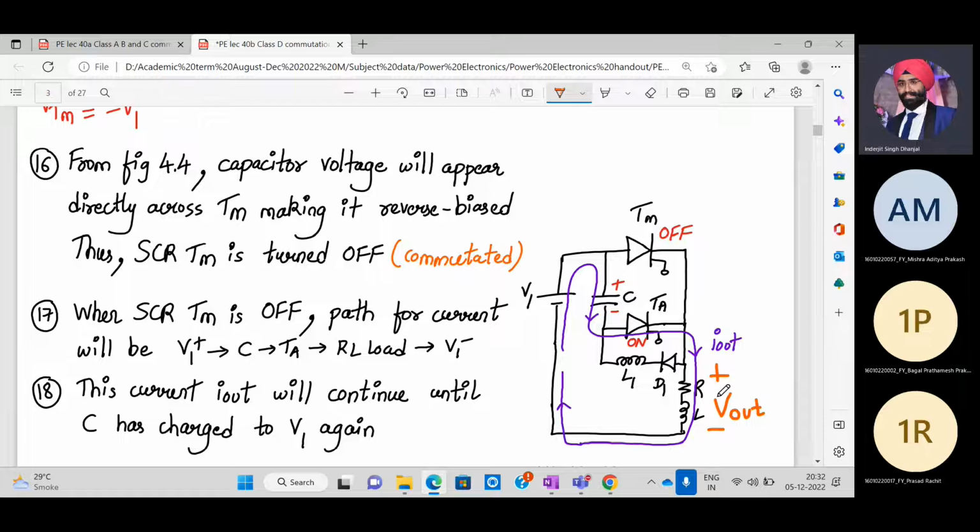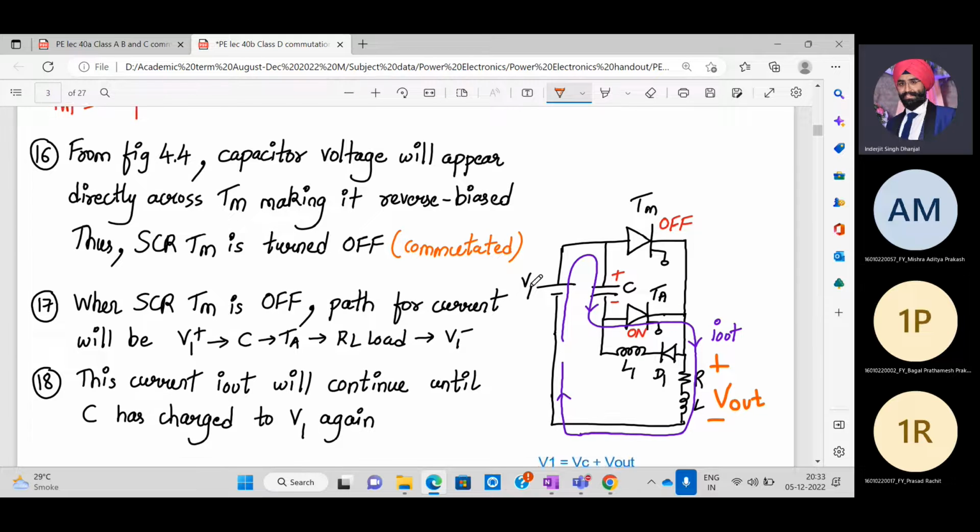So TM is off, TA is on. The active elements over here are the auxiliary SCR and the capacitor. So the current path will be V1 plus, capacitor, TA, RL load, and back to V1 minus. This will continue until the capacitor has charged to V1 again.